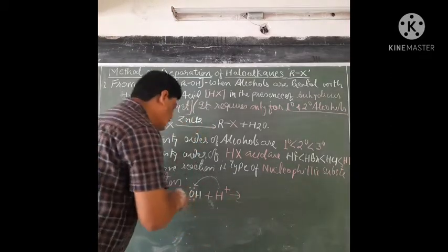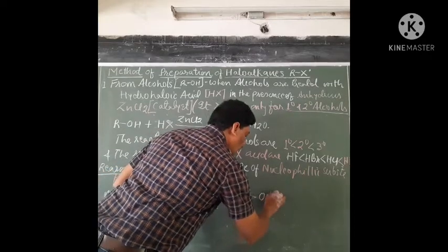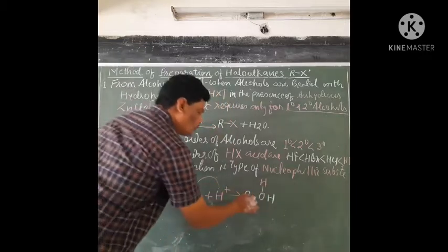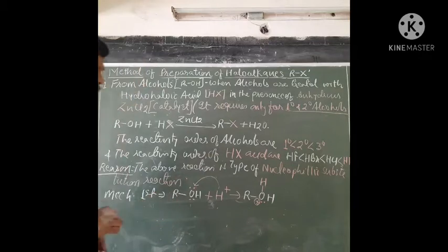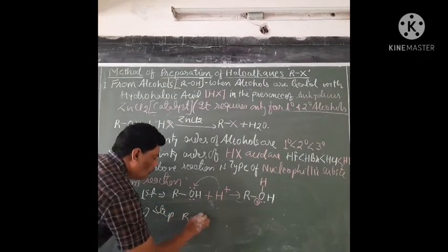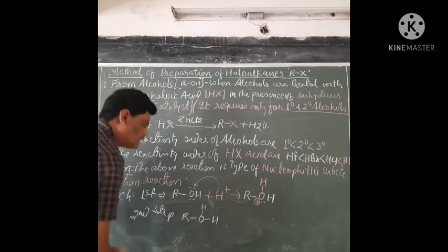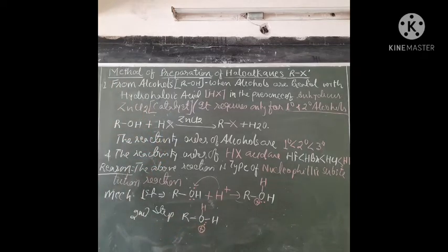Therefore, in the first step it forms R–OH2 with a plus sign, with one lone pair remaining on oxygen.